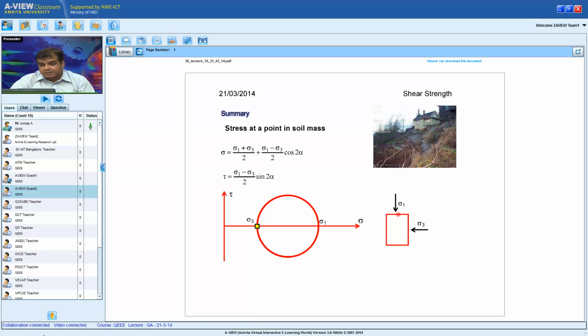Having this state of condition, we stated that this yellow dot over there is the pole, and we identified the pole in such a way that you can draw planes from the pole at any angle, and the spot where the planes intersect the circle would give you the XY coordinate, or the normal stress and shear stress value on that plane. And that normal stress and shear stress were also shown by this set of equations.